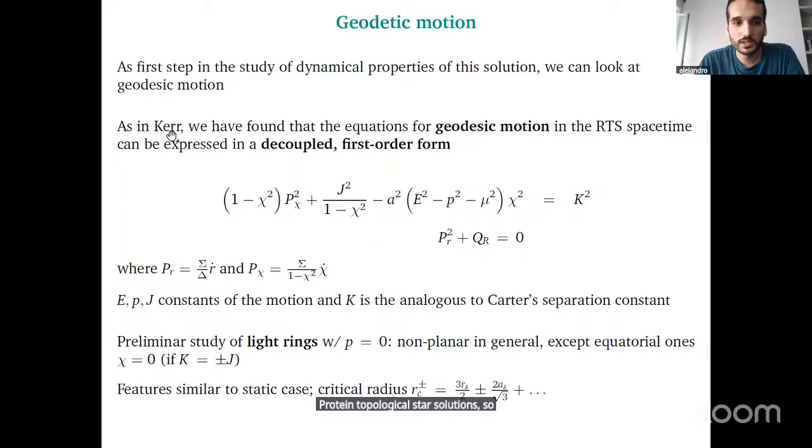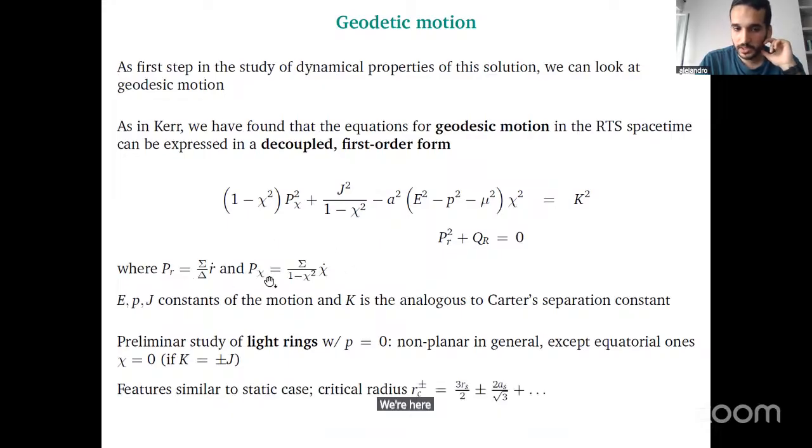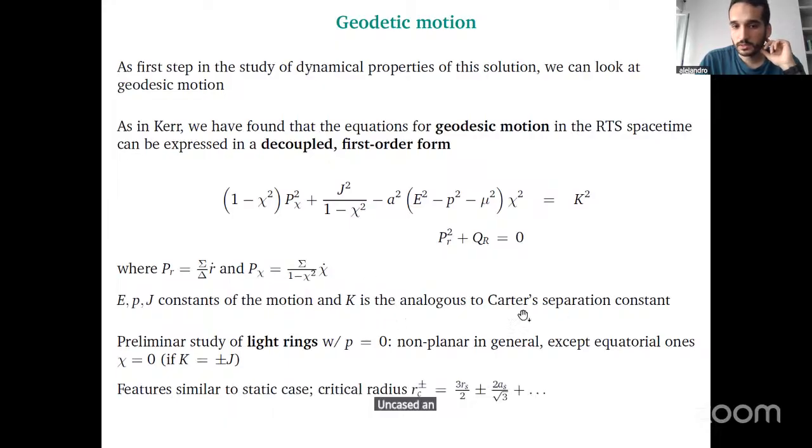What we saw is that, as in Kerr, the geodesic motion can be expressed in a decoupled first order form, where here PR and PK are the radial and angular momenta, and E, P and J are constants of the motion. Mu is the mass of the test particle, and K is the analogue of the Carter separation constant. Then we studied the light rings with mu equal to 0.